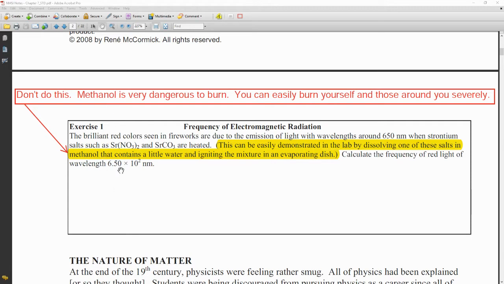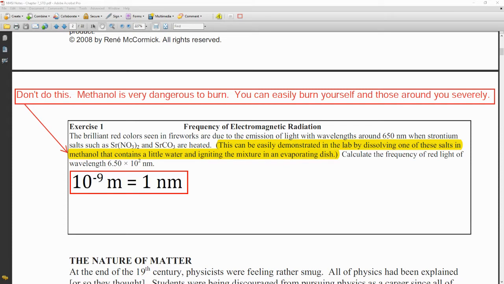So this first problem has us looking at calculating the frequency of red light with a wavelength of 6.50 times 10 to the positive 2 nanometers. And with this, we might want to think about one thing, which is what is that conversion between nanometers and meters?